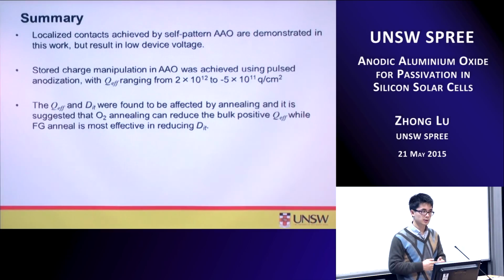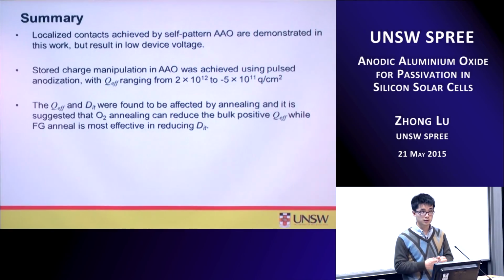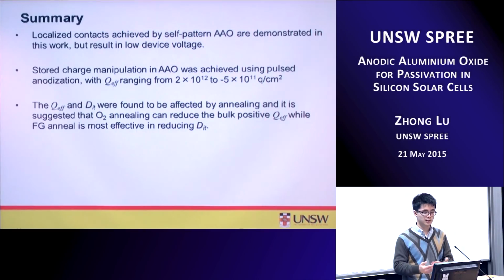It is stressed that oxygen annealing can reduce the oxygen deficiency in your film, and then reduce the positive store charge in the AO stack, which would give your film better stability. And post-metallization forming gas is most effective in reducing the DIT due to hydrogen passivation.